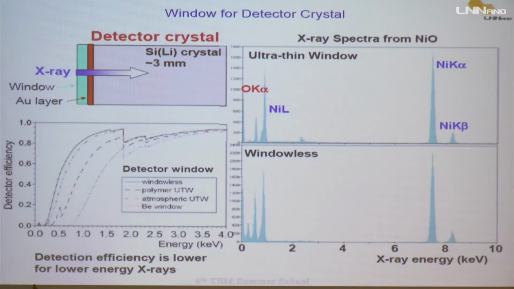That is the best possible performance, but even in the windowless detector you have problems passing through the gold layer and so on. You can see here an ultra-thin window compared with a windowless detector. You can see the proportion of the small peaks: more counts for the windowless compared with the ultra-thin window.